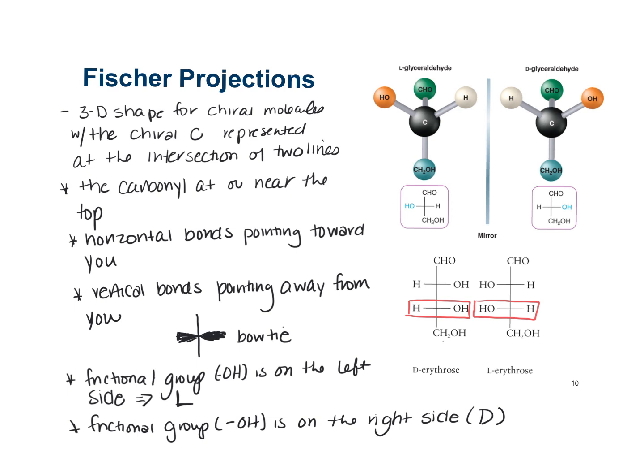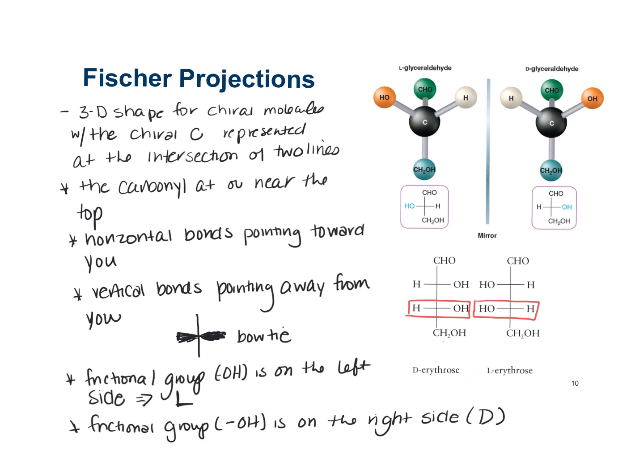So when we identify the chiral carbon that's closest to the bottom or farthest away from the carbonyl, and we see here that this OH is on the right side, that's D. Here, the OH is on the left side, and that's L. And that's how we can classify or tell the difference between these through words.